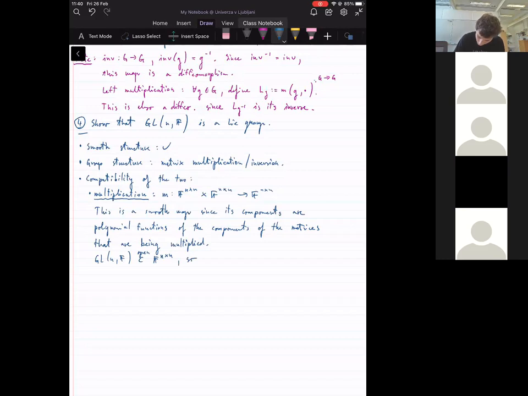So M in GL_n(F) is just the appropriate restriction of the domain and codomain to an open subset of F^{n×n}.